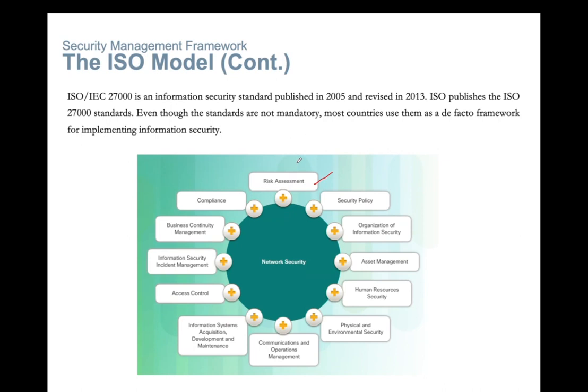The control objectives define the high level requirements to implement a comprehensive ISMS, the information security management system. An organization's management team uses these ISO 27001 control objectives to define and publish the organization's security policies. Control objectives also provide a checklist to use during a security management audit.